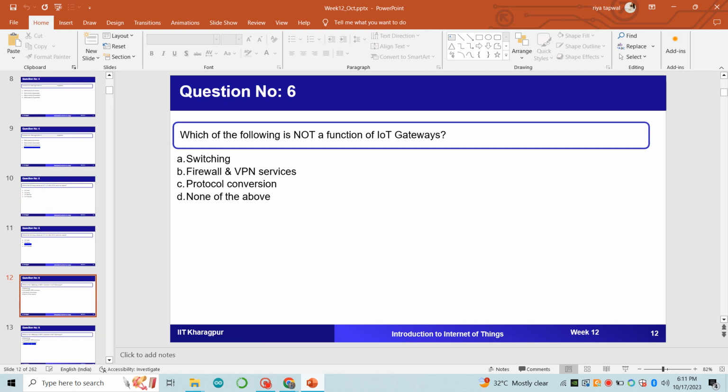So the correct option for this is none of the above, because all the three, that is switching, firewall and VPN services, protocol conversion, are the functions of your IoT gateways.